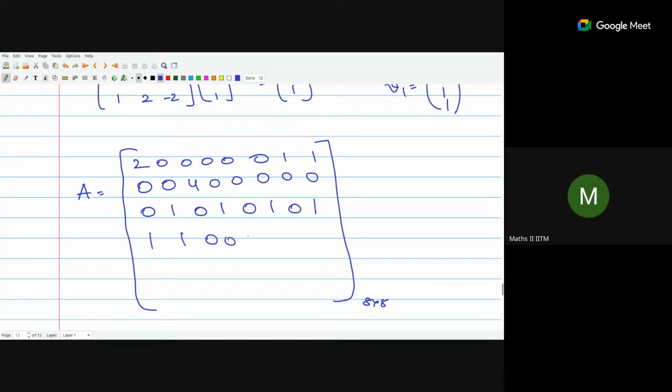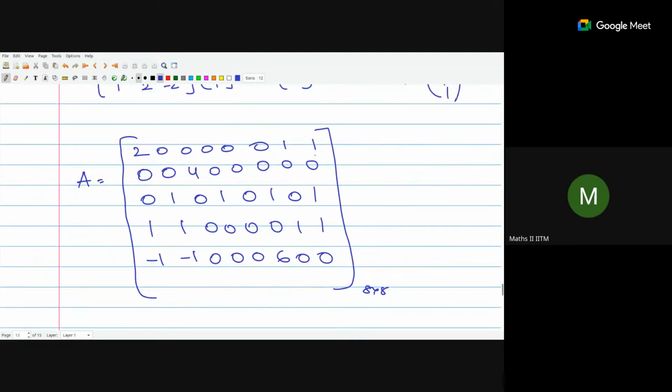Then 1, 1, 0, 0, 0, 0, 1, 1, and then -1, 0, 0, 0, 6. I'm done with five rows. Now I will take 0, 0, i, -i, 4, 0, 1, -1. So you can also do this: 2i, 0, -i, 1, -i, 1, 1, 1. Something like this. Seven rows are done. Okay, I'll write one more.